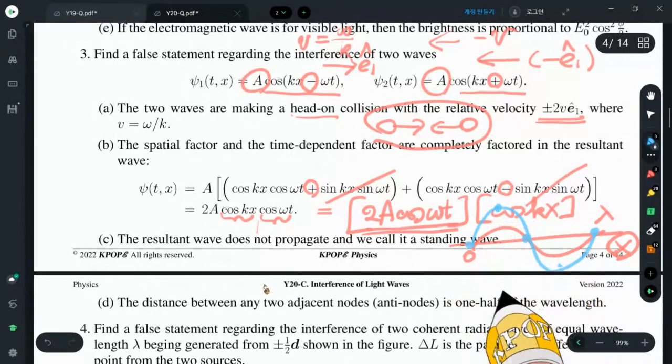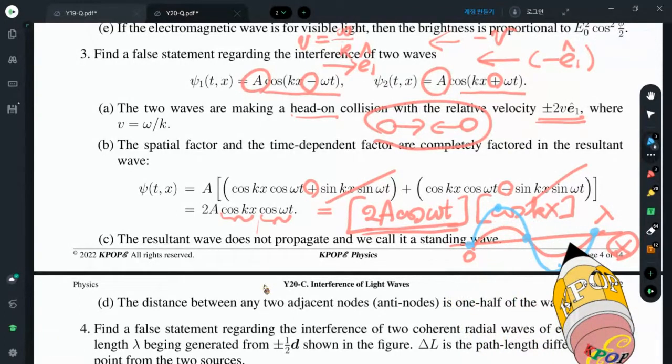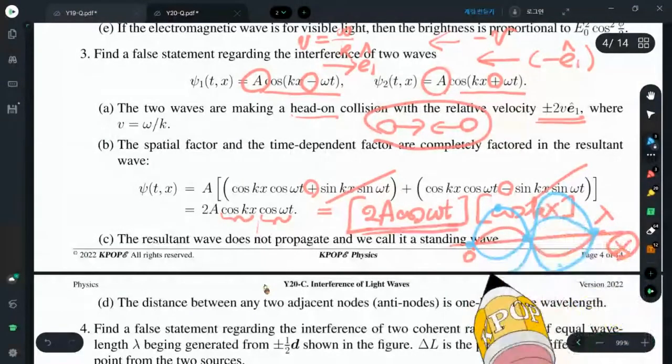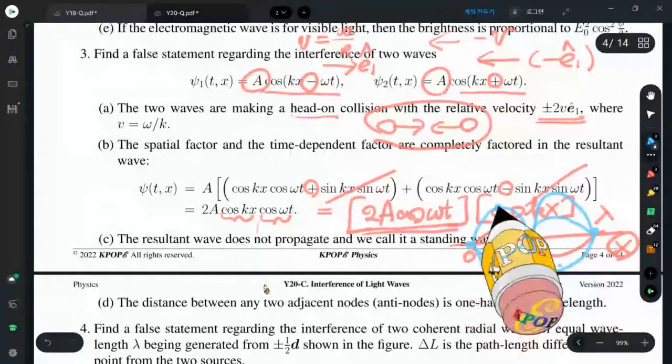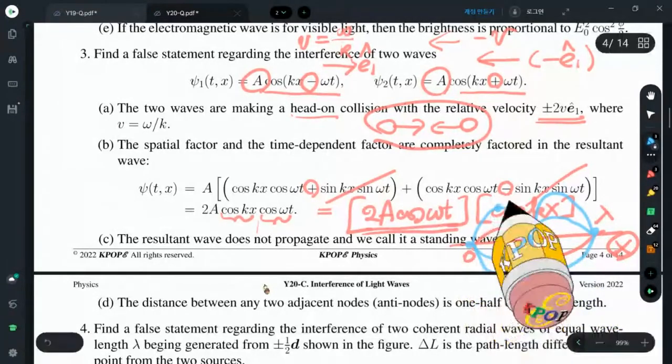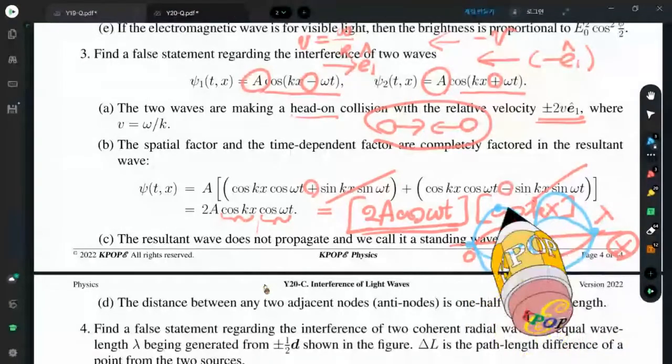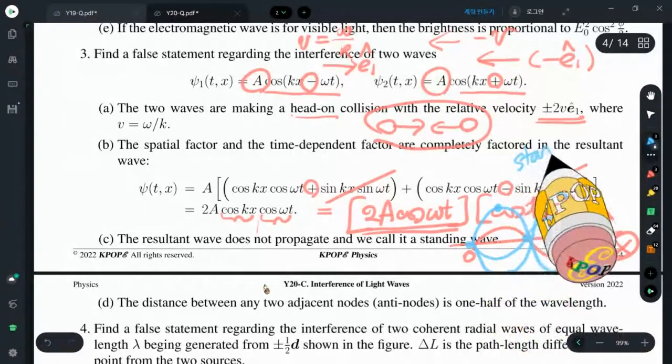The positions of nodes and antinodes don't change. So it is oscillating at the same place. Stand up, stand down, sit down, stand up, sit down, stand up. So it is a standing wave.